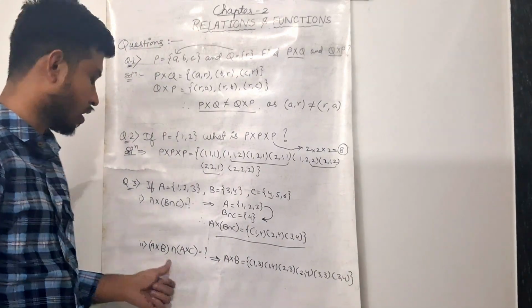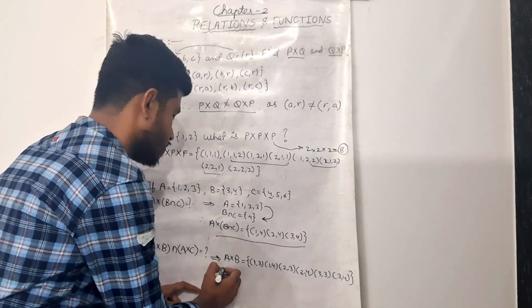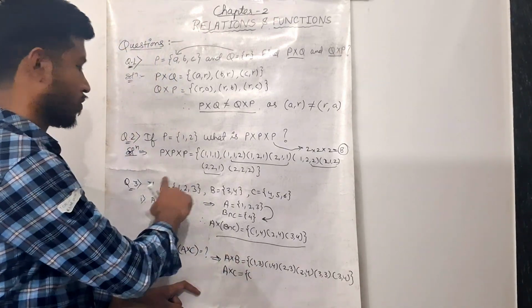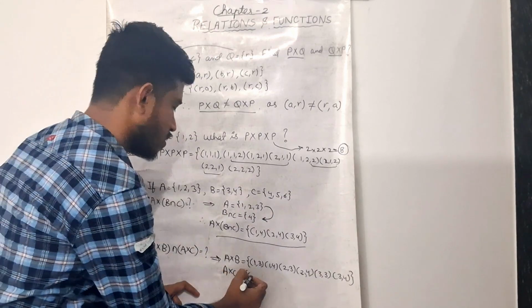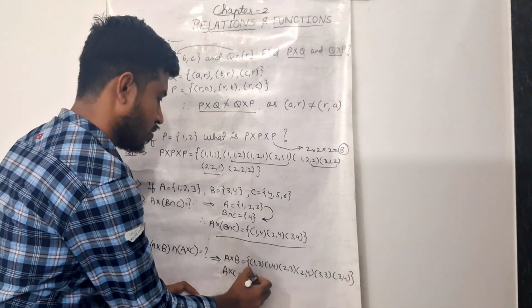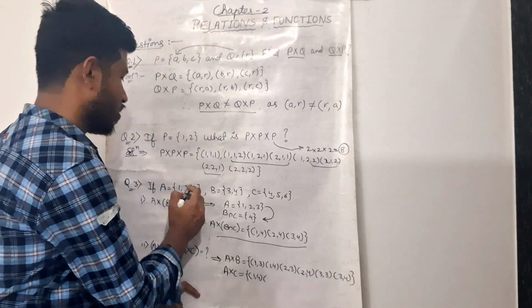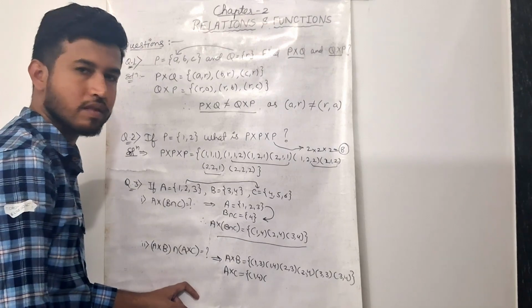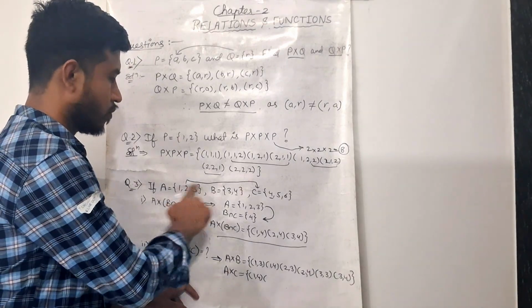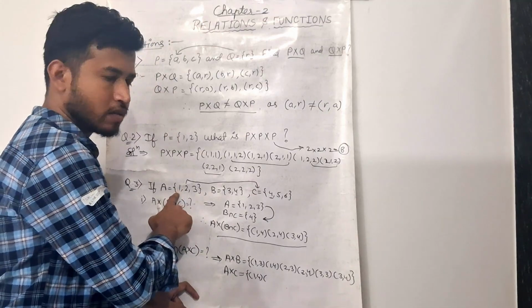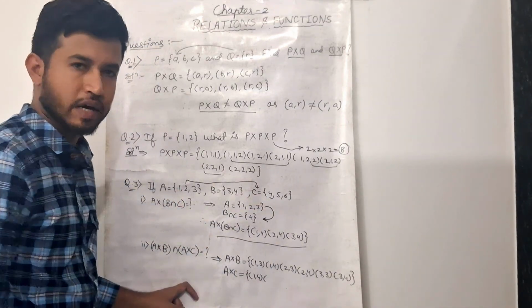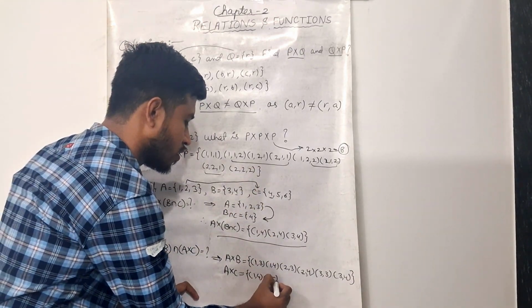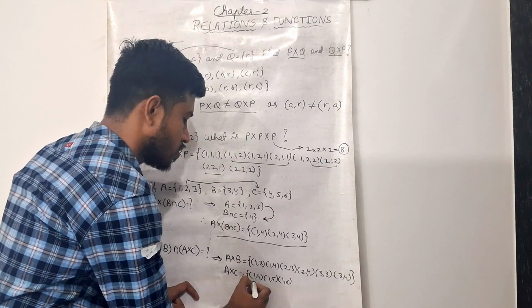This is A cross B. Now we have to find A cross C, the relation between these two sets. The first element is of set A and the second element is of set C. So (1, 4), (1, 5), (1, 6).